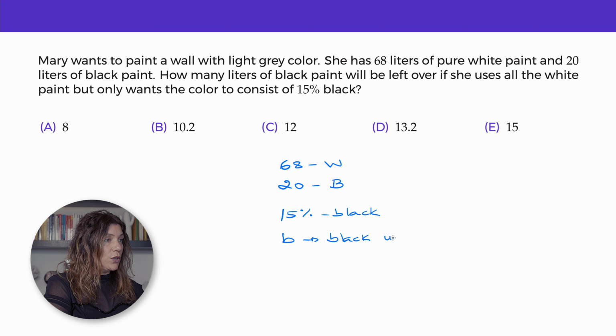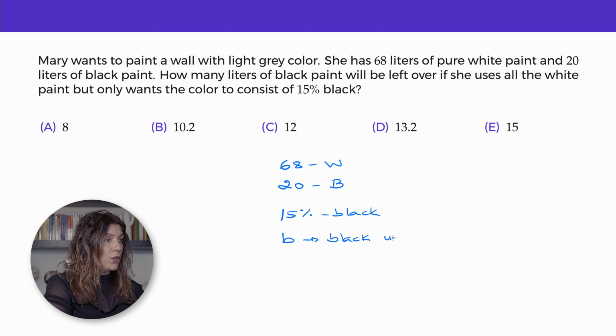So black used. 15% will be equal to the amount of black paint used, what I called here small b, divided by the total amount of paint. So the total amount of paint will be all the white paint we had, so 68 liters, plus the amount of black paint that I'm going to use, which is b again. So now we need to calculate this, and this is the algebra we need to use.